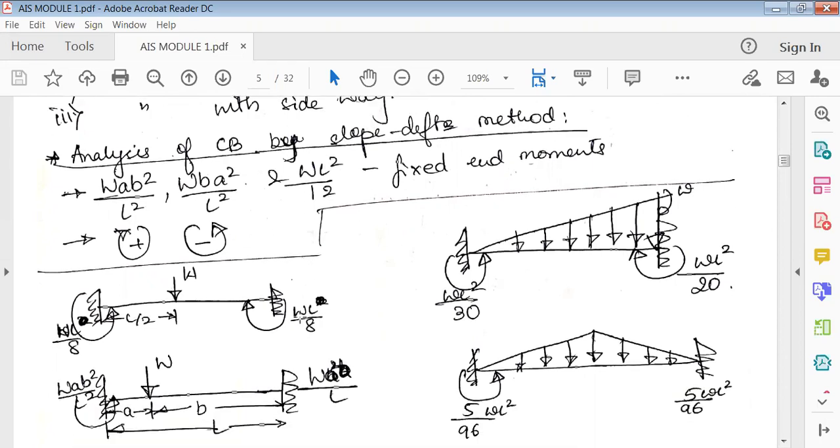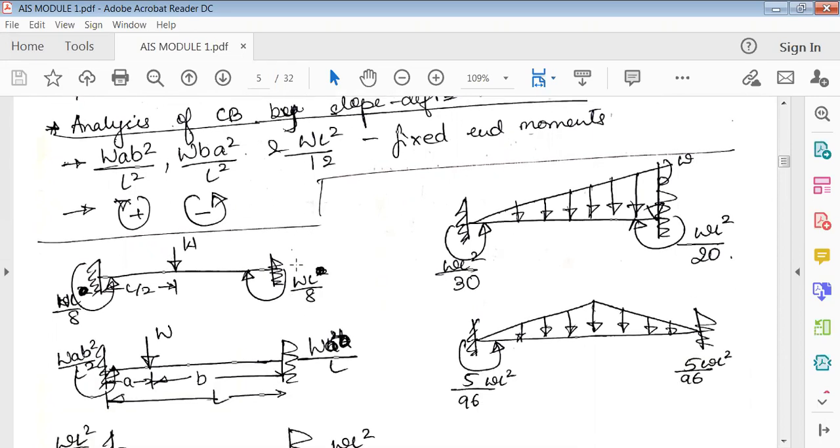Now, how to use these formulas. You can see here it's a fixed beam, fixed at A and B. Both the ends are fixed and there is a point load at the center, exactly at the distance L by 2. All this time we have studied the bending moment below the load.